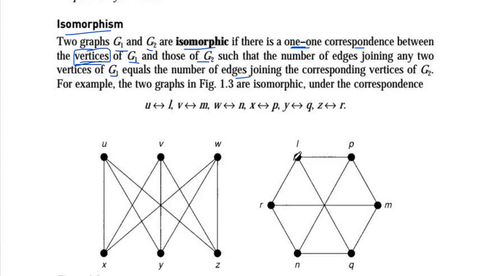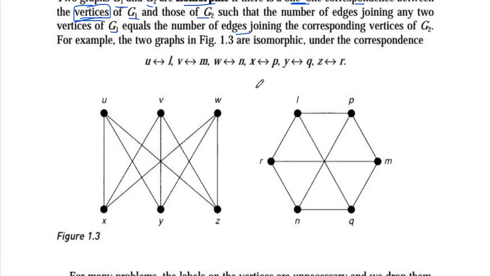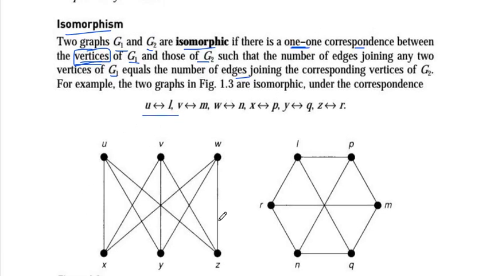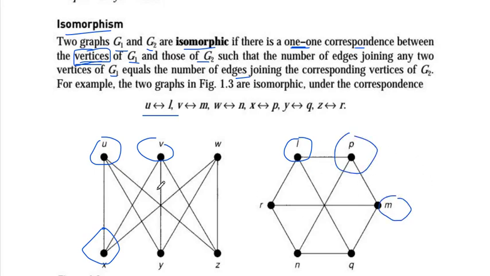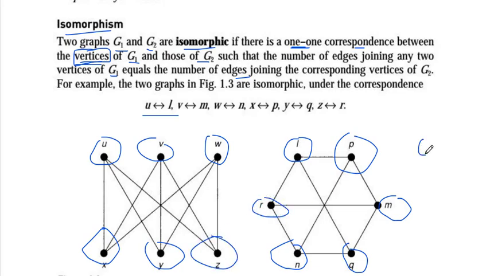So the two graphs in the figure are isomorphic under the correspondence: U and I, X and P, V and M, Y and Q, W and N, Z and R. There are 6 vertices in both graphs, a one-to-one correspondence between the graphs, and the edges are also the same.